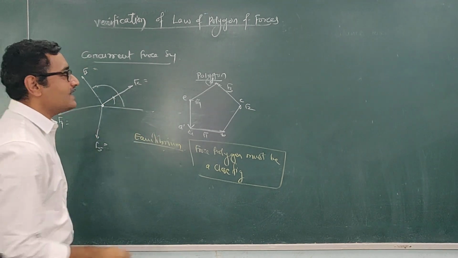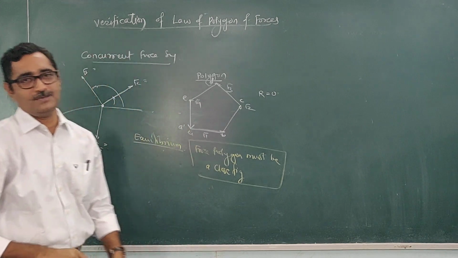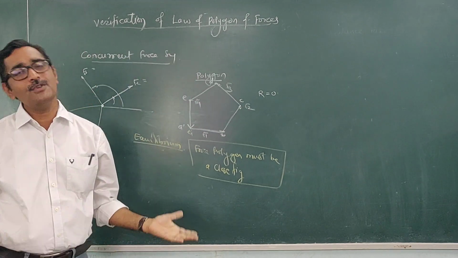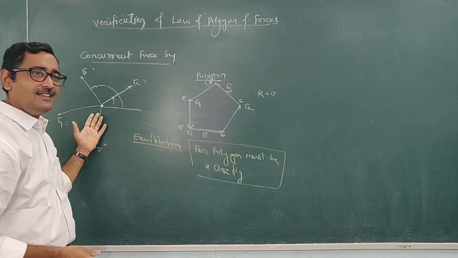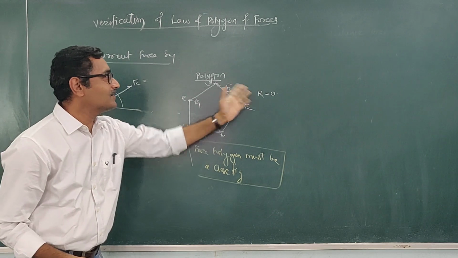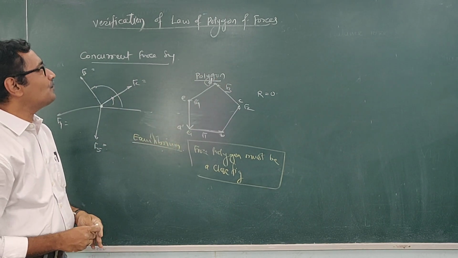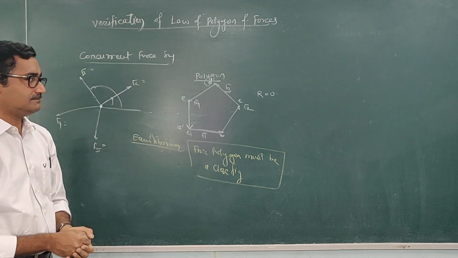If so, we can say that the resultant is equal to 0, and hence it is a proof of the law of polygon of forces. Because the system is in equilibrium, the resultant is 0, and since the resultant is 0, the polygon will be a closed polygon. This is the verification of the law of polygon of forces.